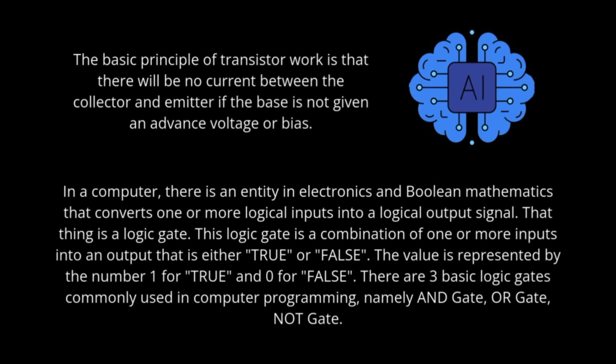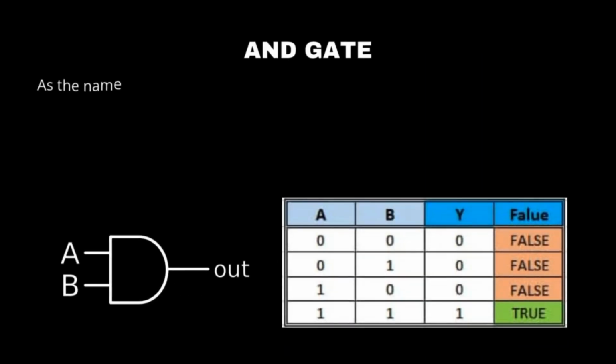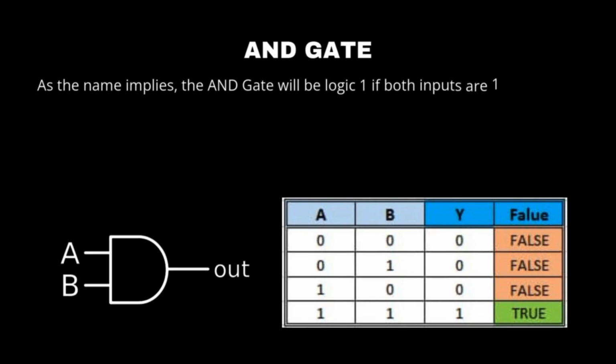The value is represented by the number 1 for true and 0 for false. There are three basic logic gates commonly used in computer programming, namely AND gate, OR gate, and NOT gate. AND gate.